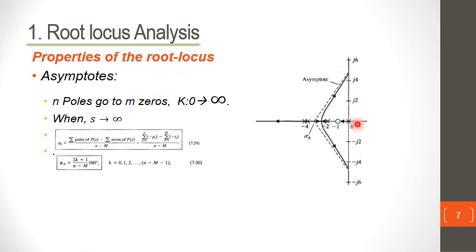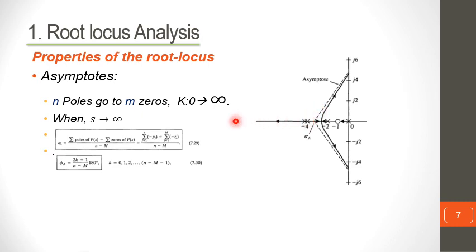So let's say here in this instance you have 1, 2, 3, 4 poles and one zero, which means your n is equal to 4 and m is equal to 1. Now as k goes to infinity, one pole will go to a zero, and the rest of the poles will go to infinity.